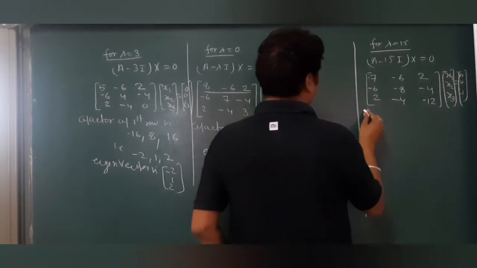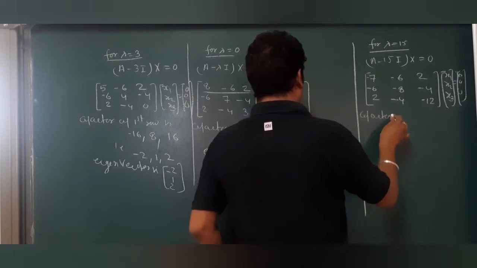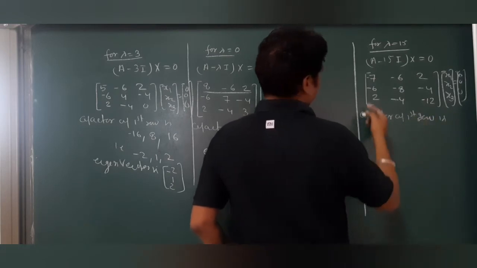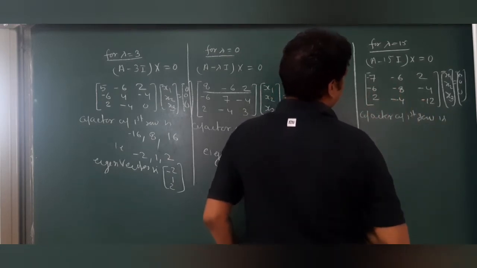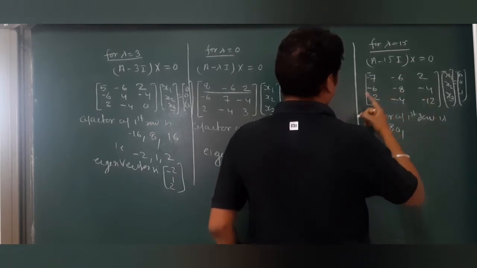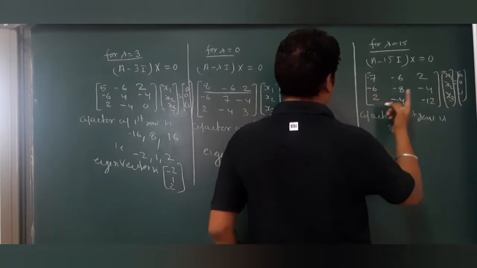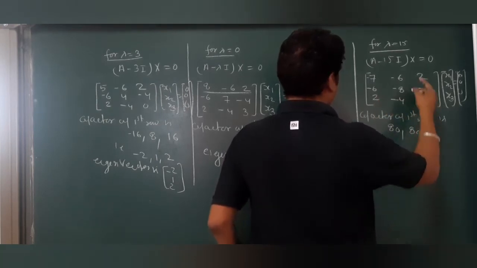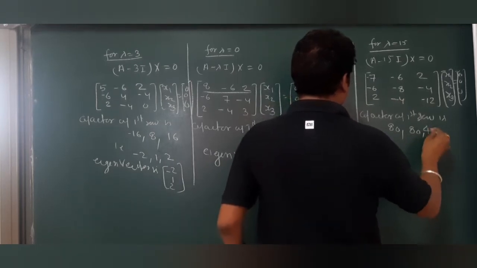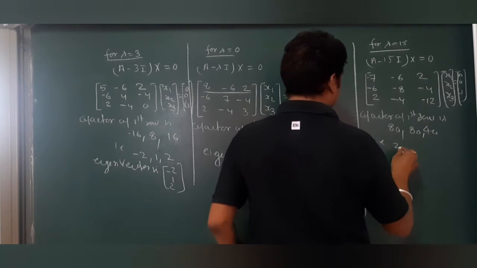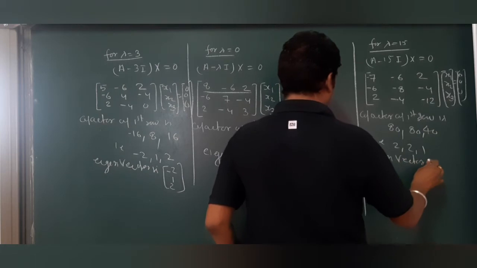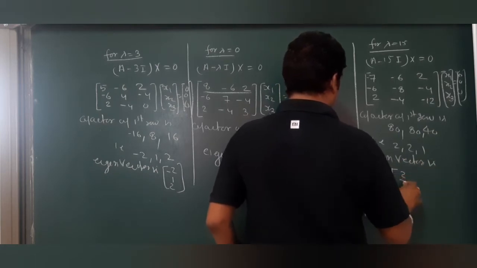So what is the cofactors? 18. That is eigenvector is 2 2 1.